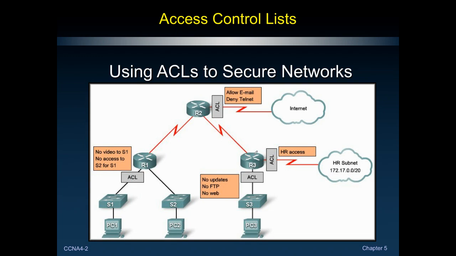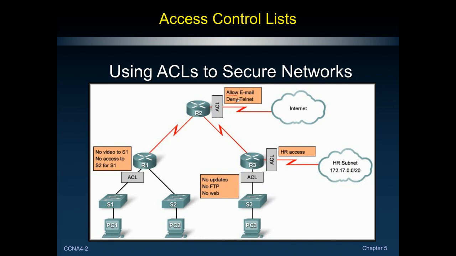So basically here in this example, in this diagram, you can see that for ACL on router 2, the rule is we can either allow or deny traffic.